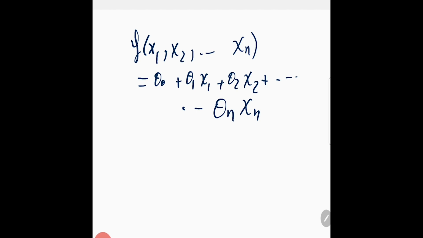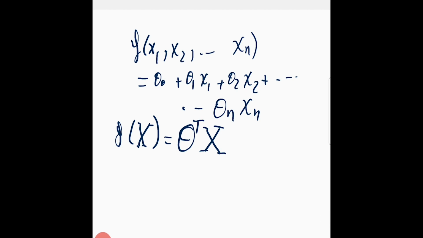In order to make this more readable and easier to represent, we'll just represent this in vector form, where we say that there is an input vector of features, capital X, and the hypothesis is equal to a vector theta transposed multiplied by this input vector x. So instead of just representing it in a singular format, we're going to use the matrix format for this particular problem.